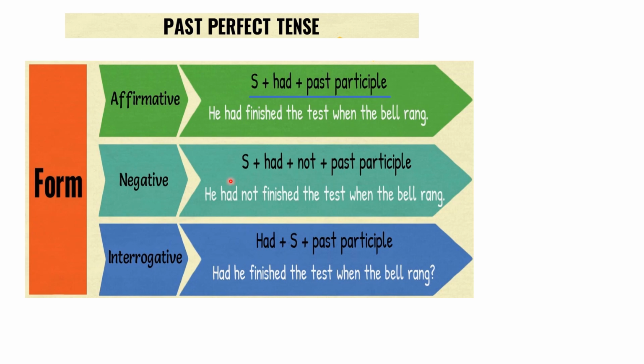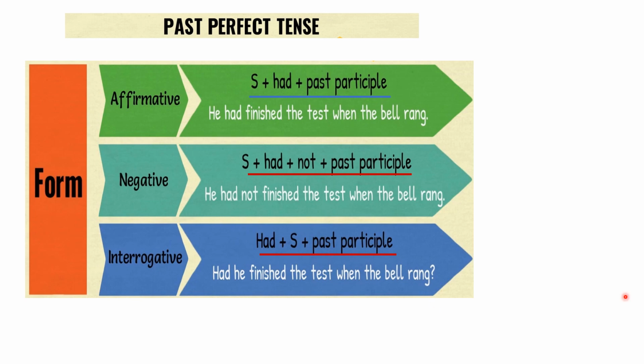Negative: subject, had, plus not, plus past participle. Subject, had, not, past participle, and past simple. Interrogative: had, plus subject, plus past participle. Had, subject, plus past participle form of the verb and simple past form.